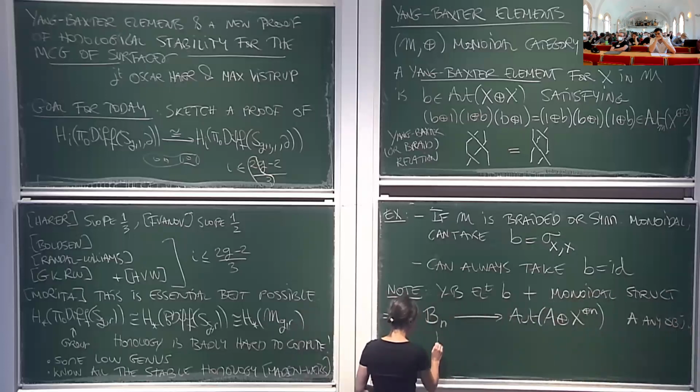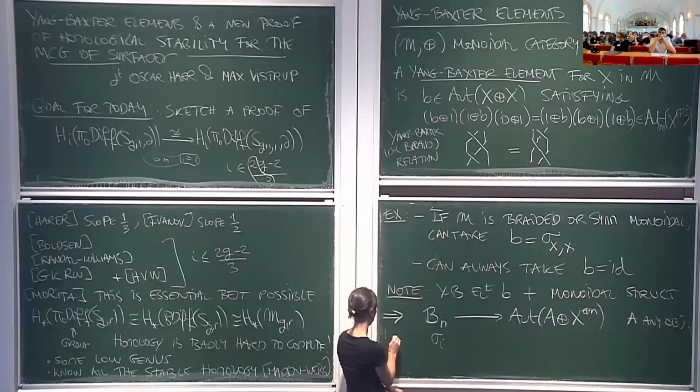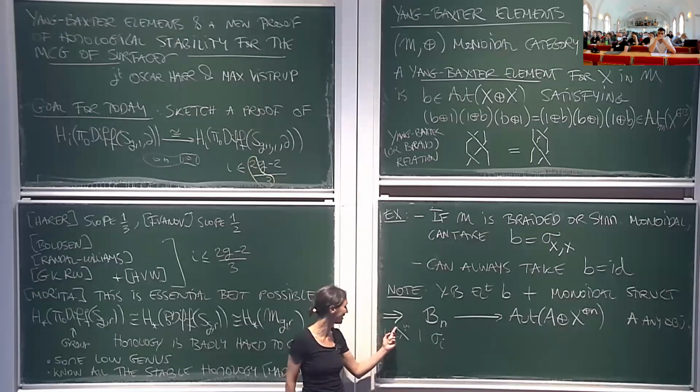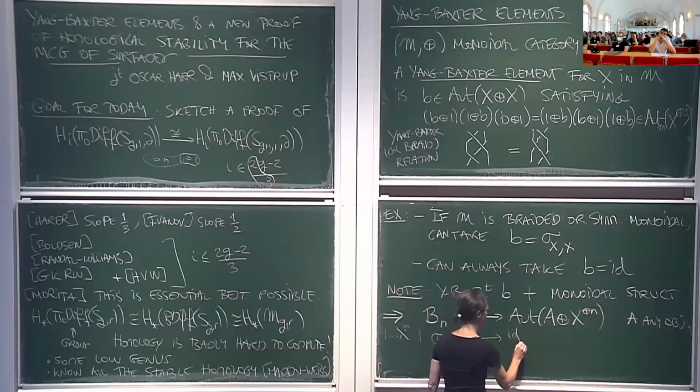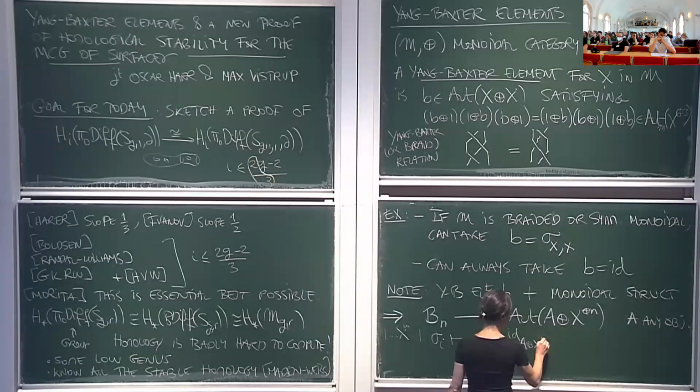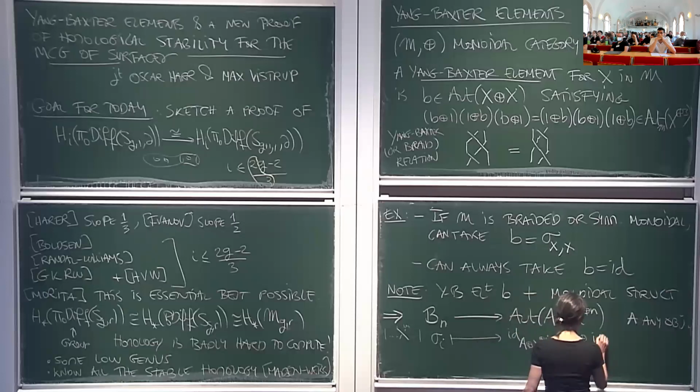And what is this map? It takes the standard generator sigma i, which crosses the i-th and (i+1)-st strands, to the identity on A plus X plus (i minus 1), then B, and then the identity on the rest, X plus (n minus i minus 1).